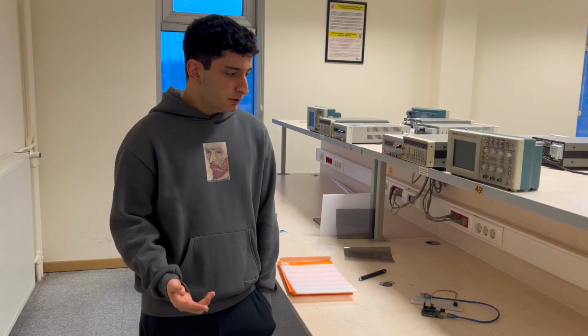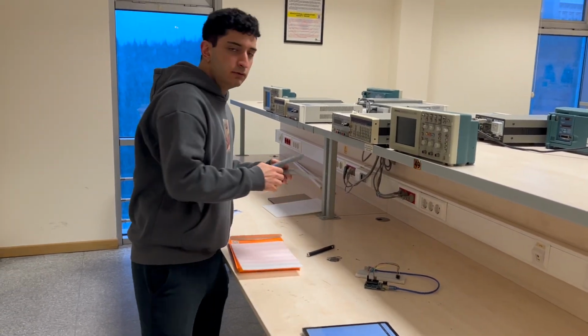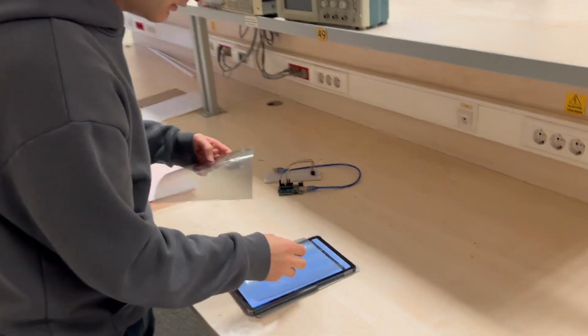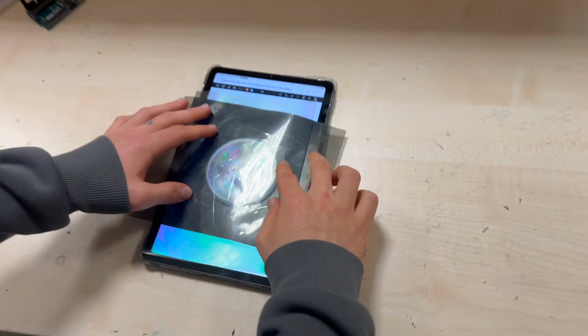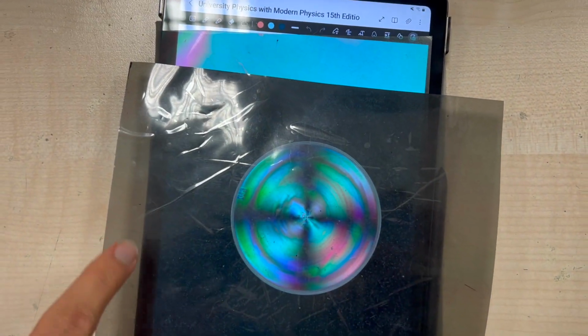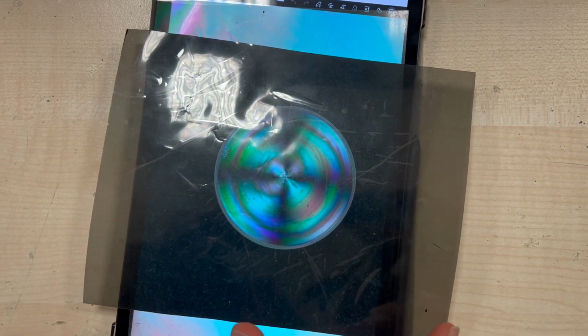In phase 3 of our experiment, we used a birefringent material, this transparent one, as you can see. We have a white light source, and we place the material between two polarizers. As you can see, this is the stress distribution of our material.